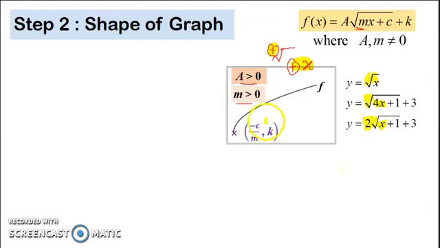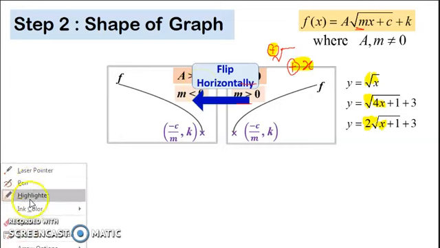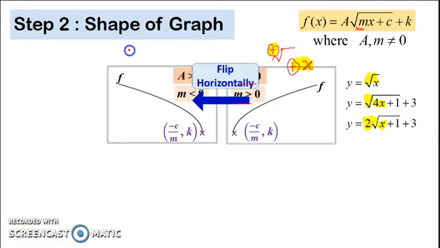Besides this shape, let's consider that instead of positive x, I have negative x, but with a positive square root. You'll find that the shape of the graph is flipped horizontally. This is the case where I have a positive square root and negative x.